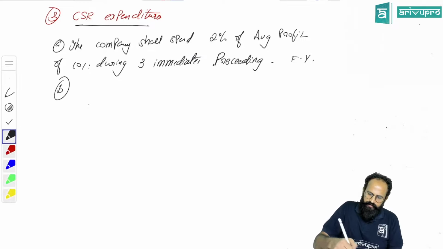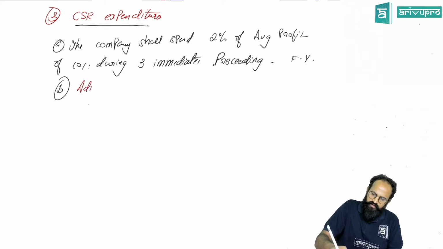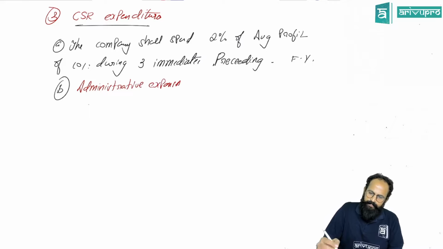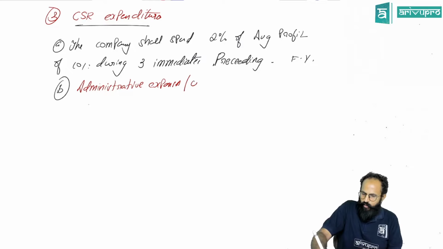Next one, there is something called administrative expenses. What is administrative expense? Office expenses. Or you can call it administrative overheads.